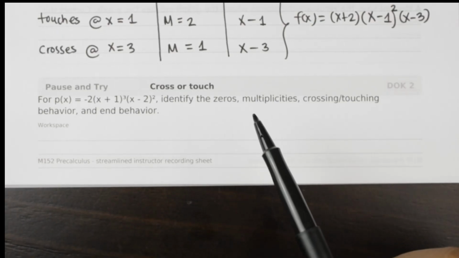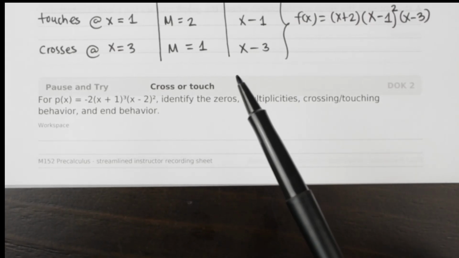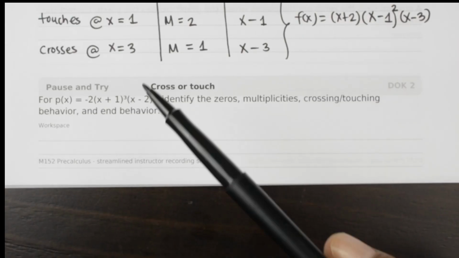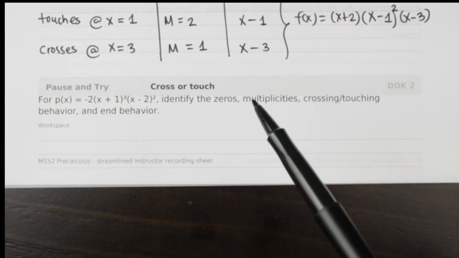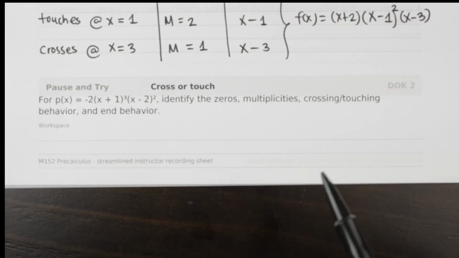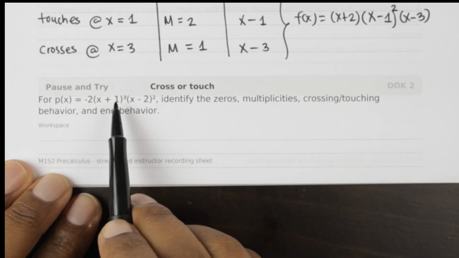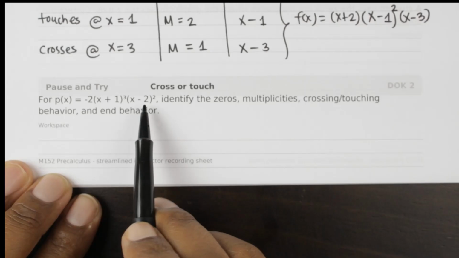Okay, so for P of x equals -2 times (x plus 1) cubed times (x minus 2) squared, we're going to identify what we see here. So first of all, let's start with the zeros. So we have a 0 of -1 and a 0 of 2.